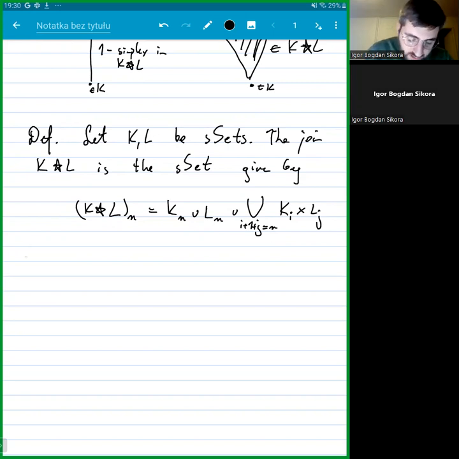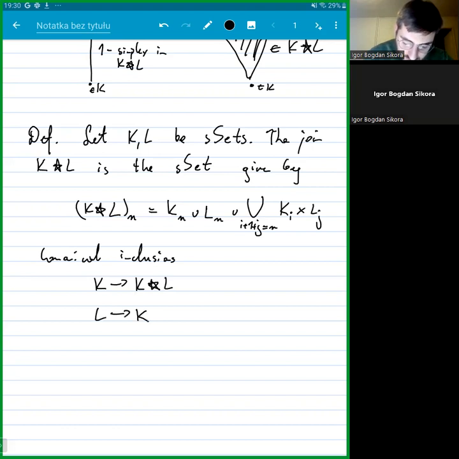This construction comes with canonical inclusions of K to K join L and of L to K join L. Okay, and this join construction can actually be described and characterized by the following two properties.